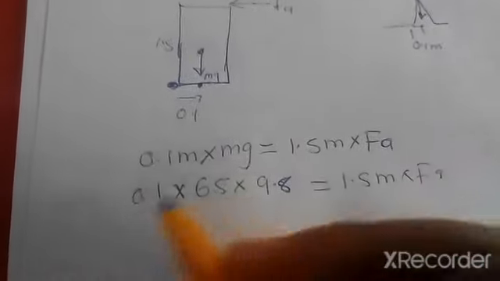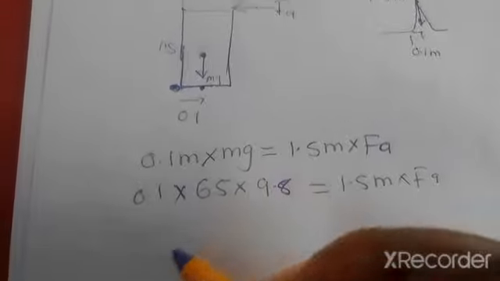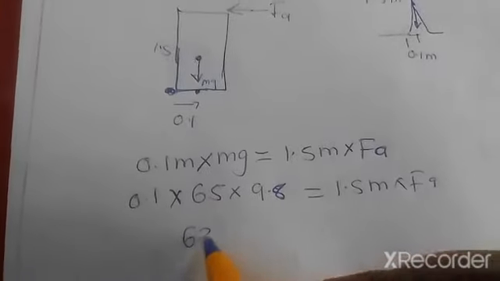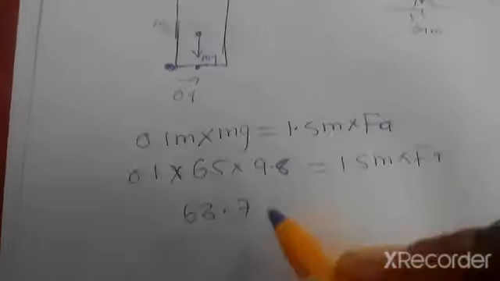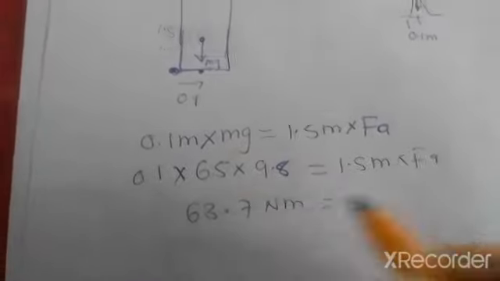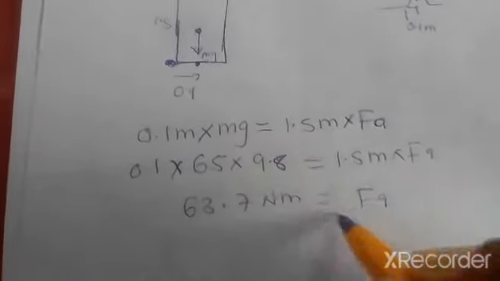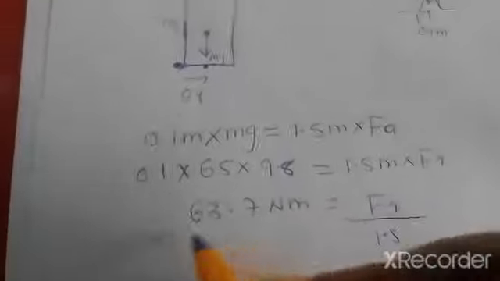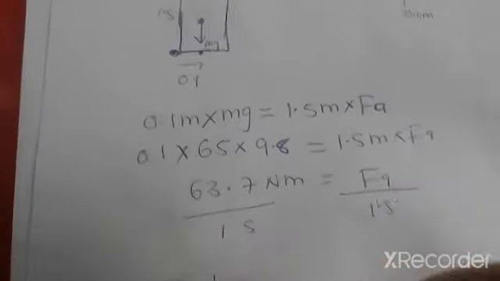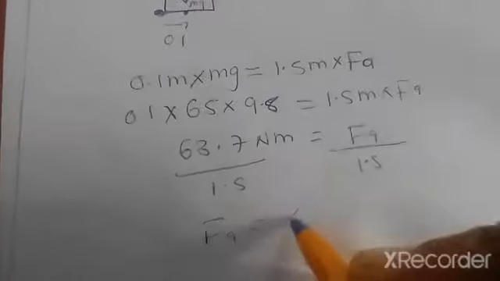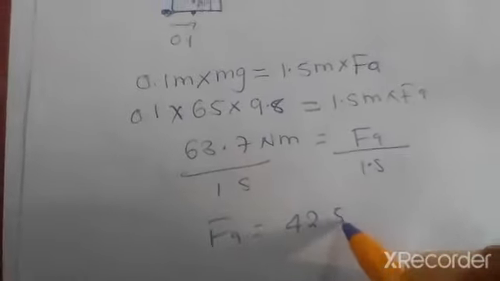So this results in 63.7 newton meters equals FA divided by 1.5. So FA will be equal to 42.5 newtons.